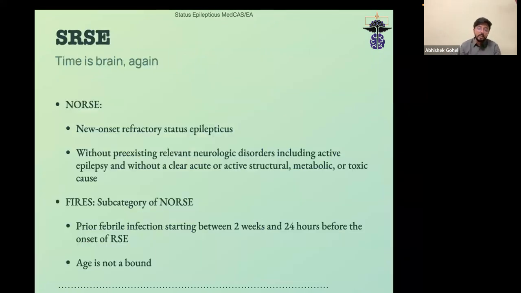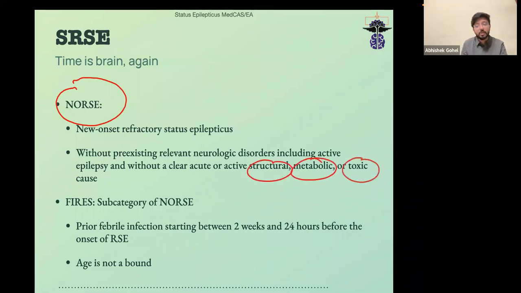Why do we go for such an aggressive investigation in such a short duration of time? Because of this. Time is brain. Time is brain in the sense, if there is a subtype of refractory status epilepticus that is known as new onset refractory status epilepticus, the patient is presenting to you without any pre-existing neurological comorbidities and without an active epilepsy, and you do not have a structural, metabolic, or toxic cause to explain it.